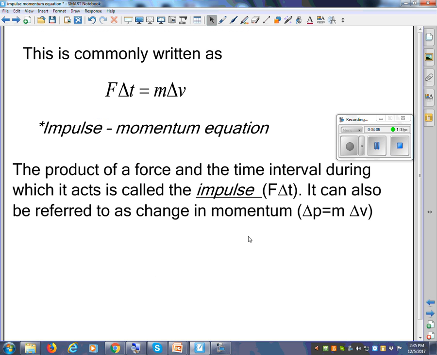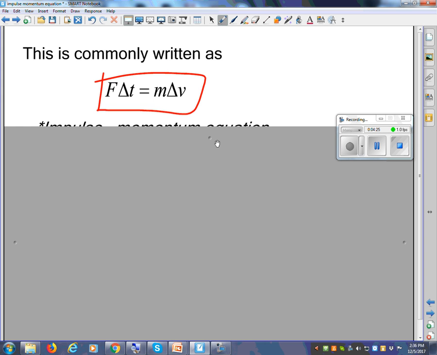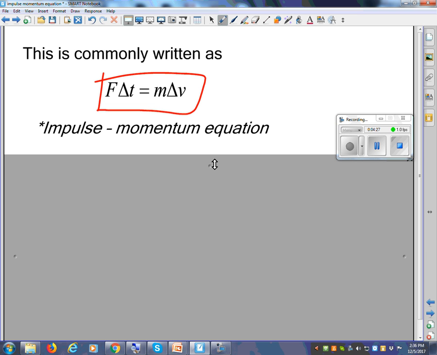We're going to rearrange that into this common equation that you should write down. That's the one you need to know. That's the derivation. That's it. Nice, eh? Easy, simple: F delta t is equal to m delta v. I like to think of the deltas as capital A's.